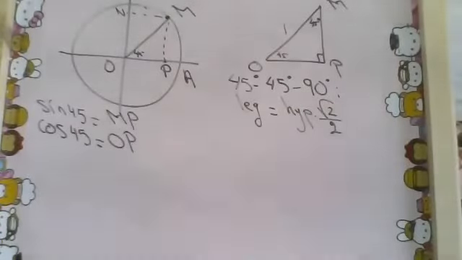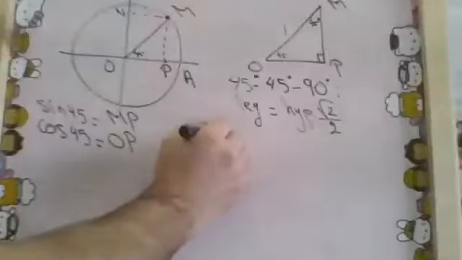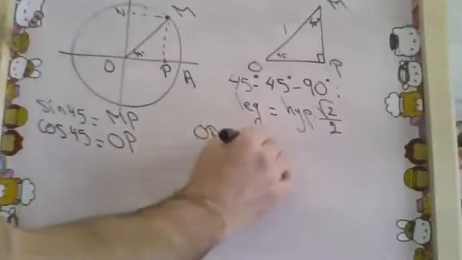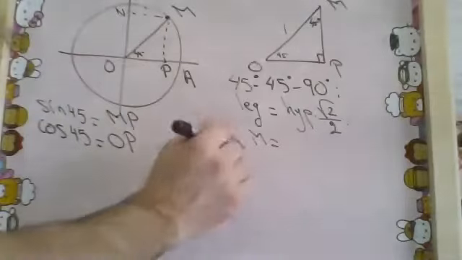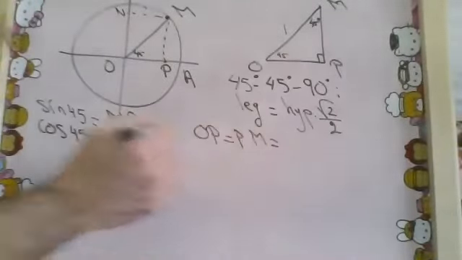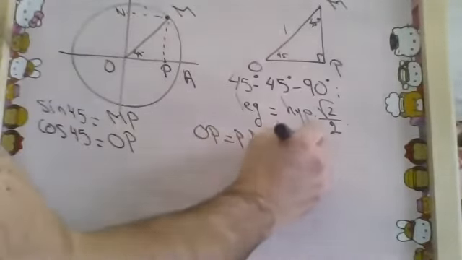That means that OP and PM are both equal to hypotenuse times radical 2 over 2.